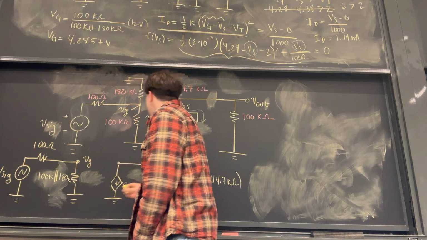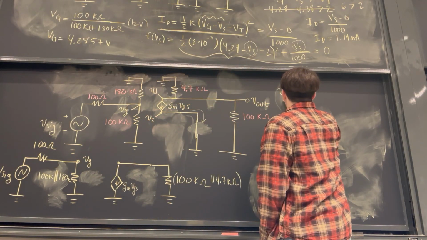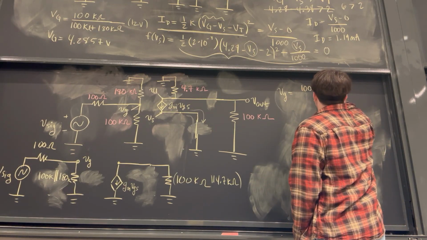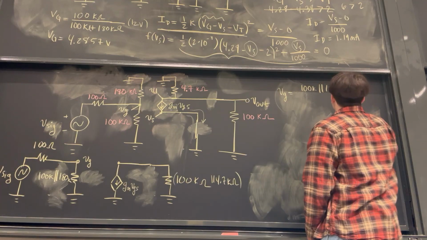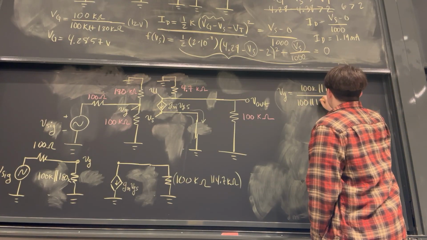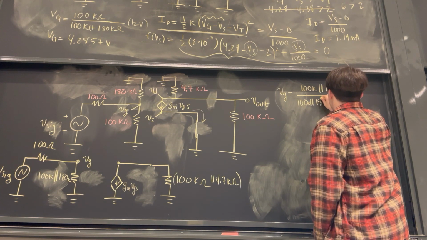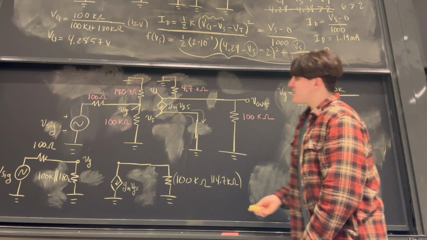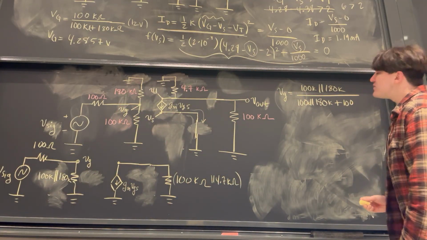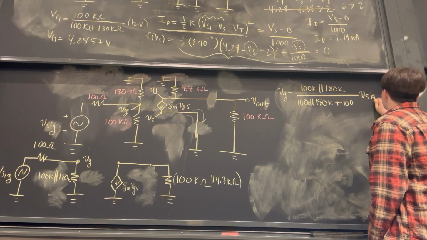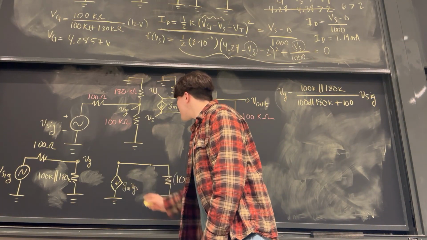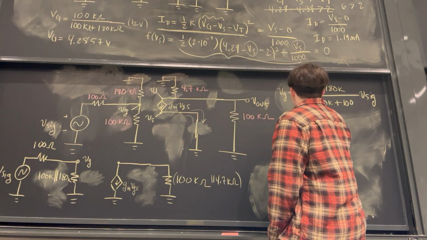We know that VG is going to equal 100K in parallel with 180K, all divided by that parallel combination again, plus this resistance at the top, 100 ohms, times the total voltage, which is v sig. Perfect. And then let's use Ohm's law. We know the current flowing through this branch is gm VGS.